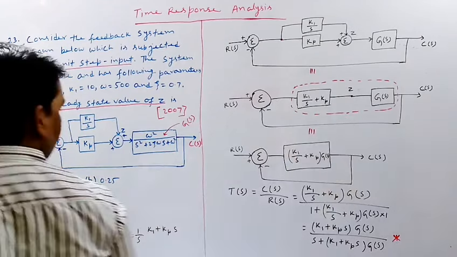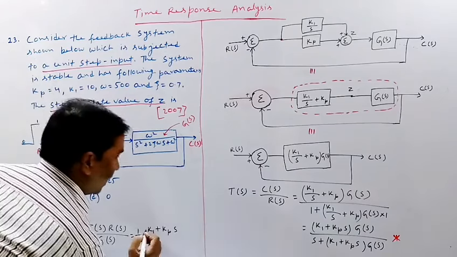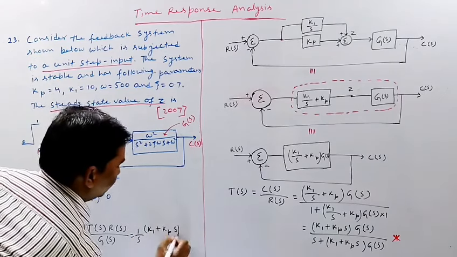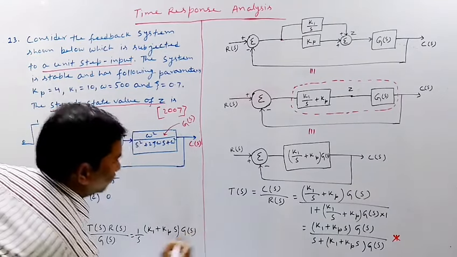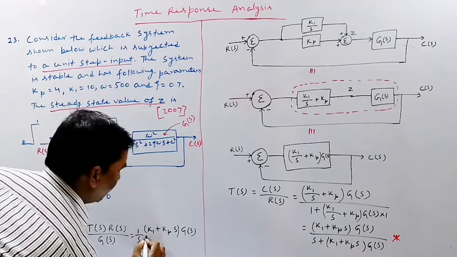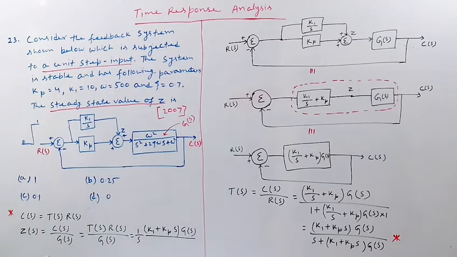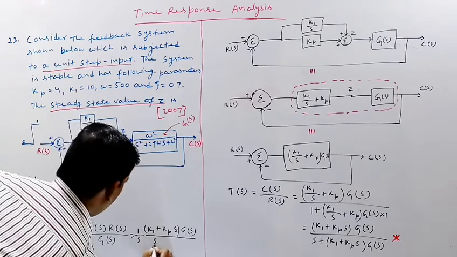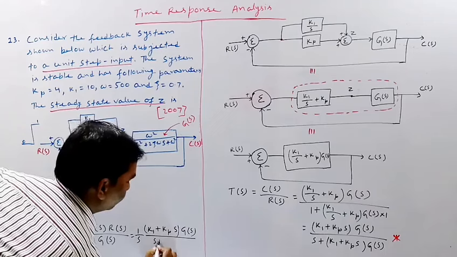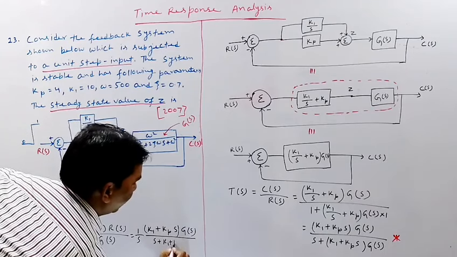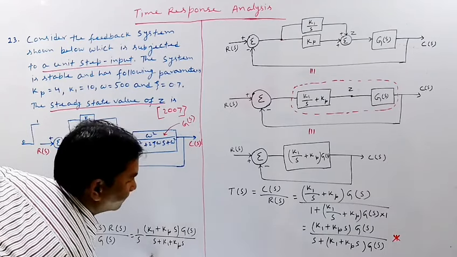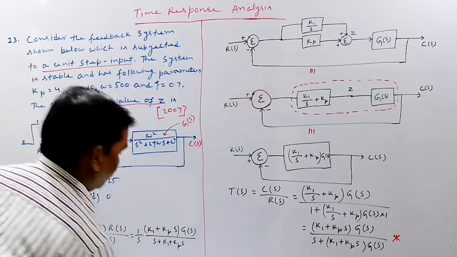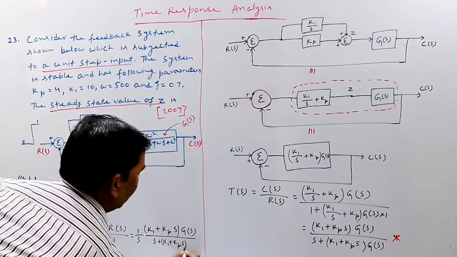So it will be K1 plus KpS multiplied by GS, divided by S plus K1 plus KpS multiplied by GS.